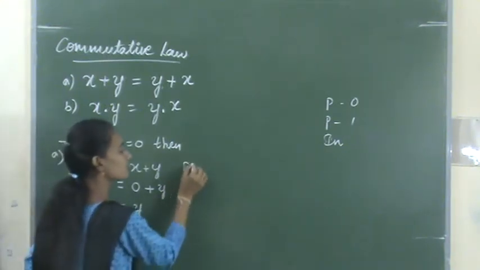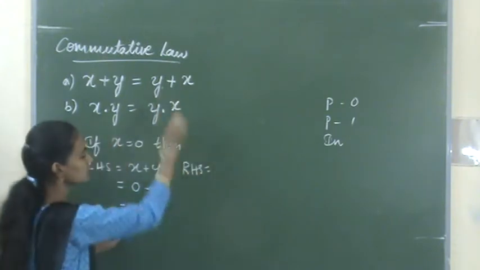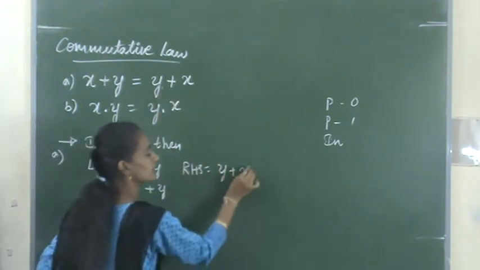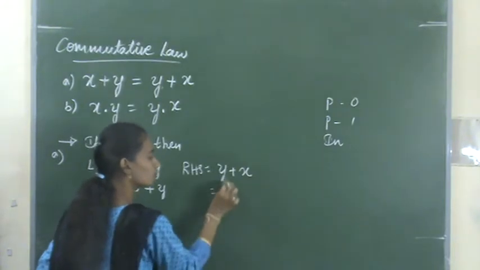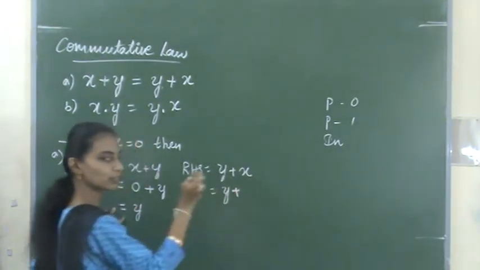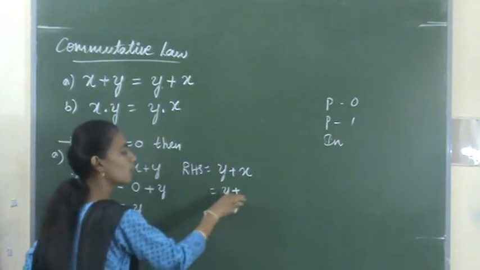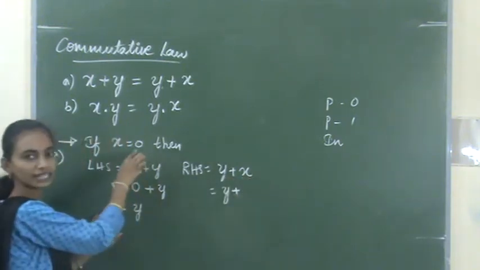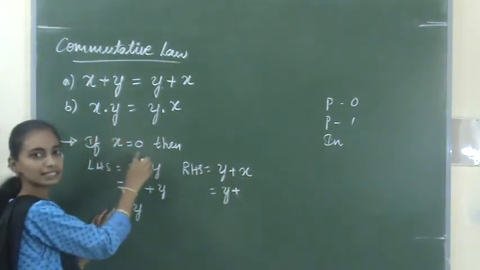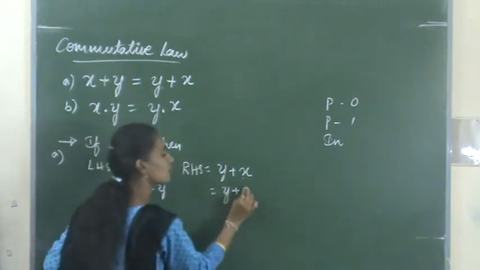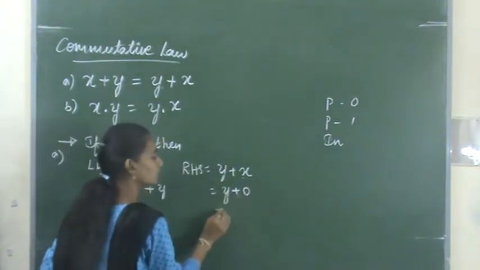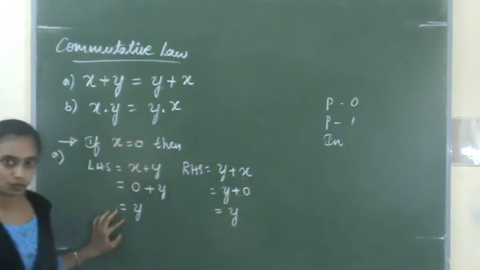Now taking the RHS, y plus x. We don't have any value for y, so we write y, and x we are assuming to be 0. Performing y plus 0, we get the result y.